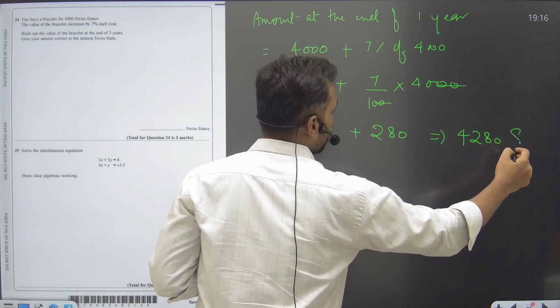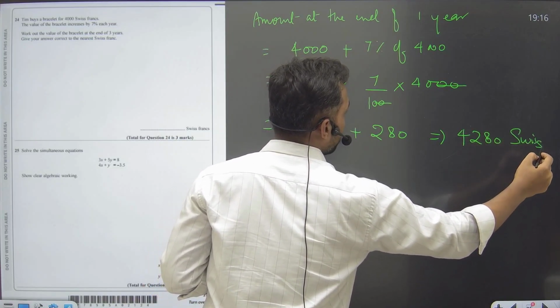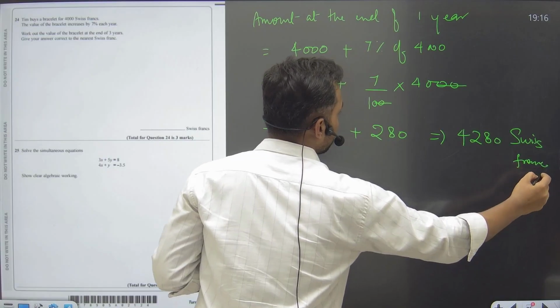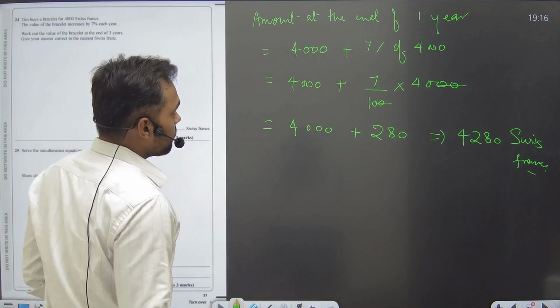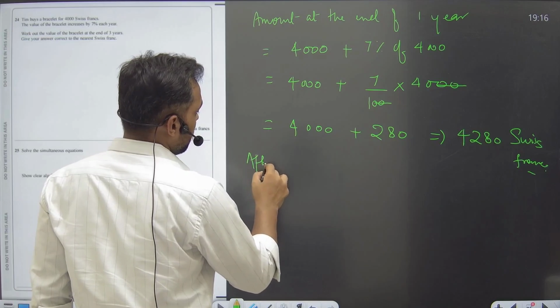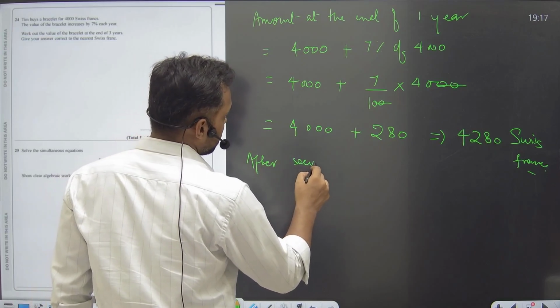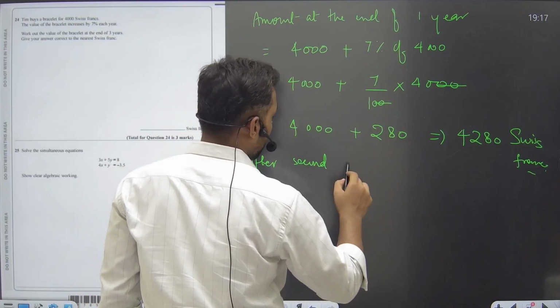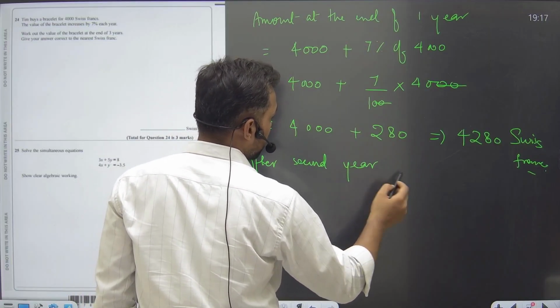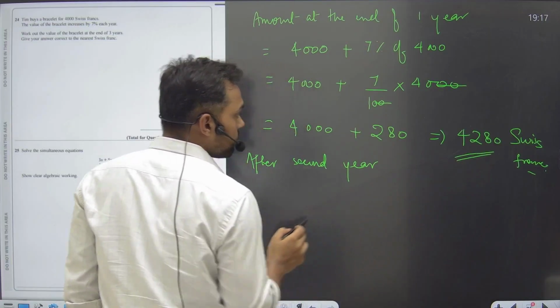So sorry, 4,280 Swiss francs. Okay. This will be the amount after the first year. Similarly, after the second year, again a 7% increase will be applied to this amount. So now we will take this amount into consideration.